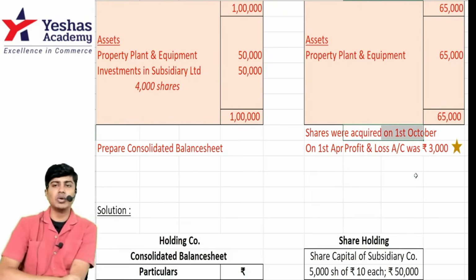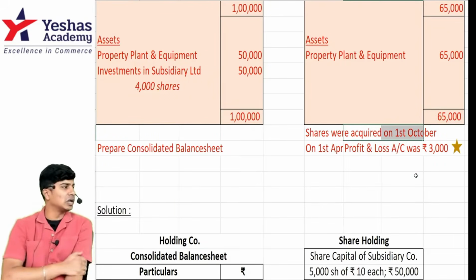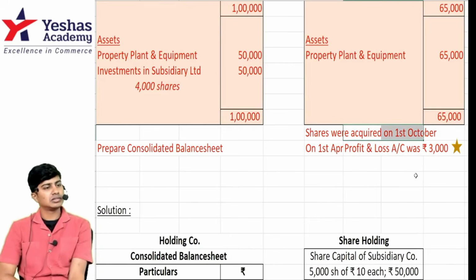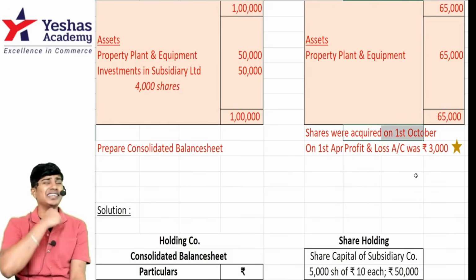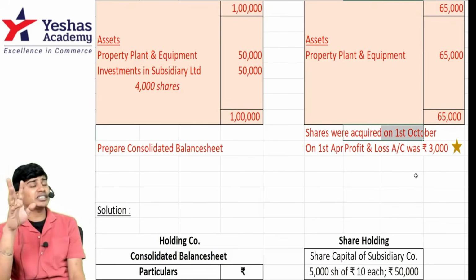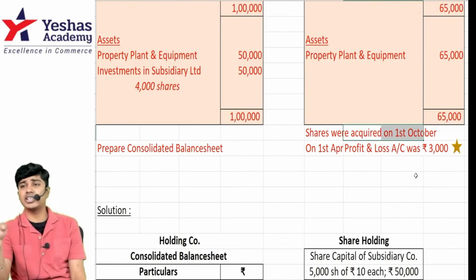You will have this doubt later. What will you write? Profit till 1st October is pre. Profit earned after 1st October is post. Write it in the language you understand. If you understand in Kannada, you write in Kannada. If you understand it in Hindi, you write it in Hindi.